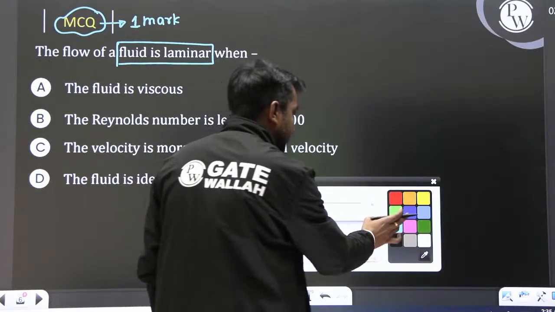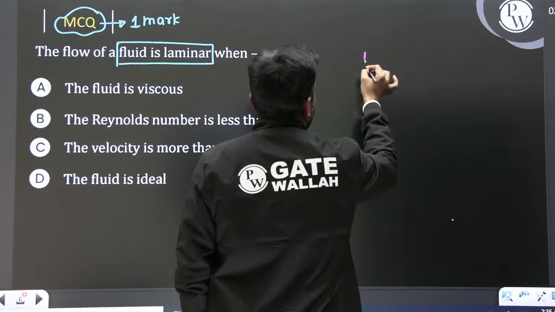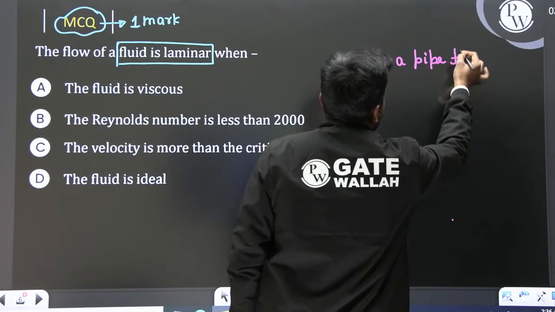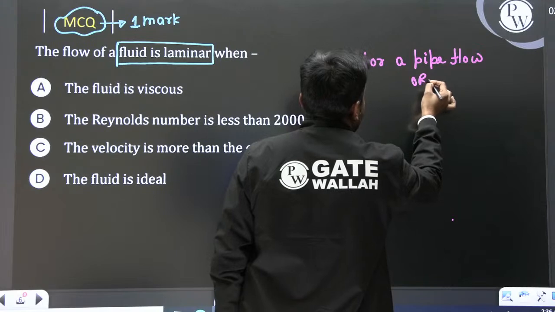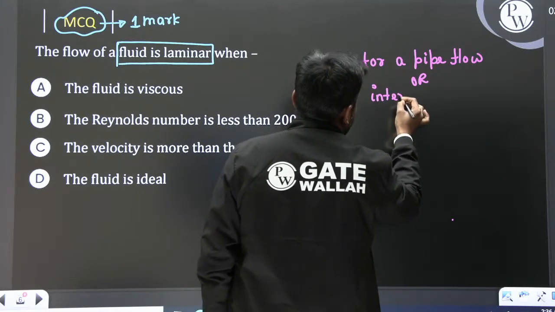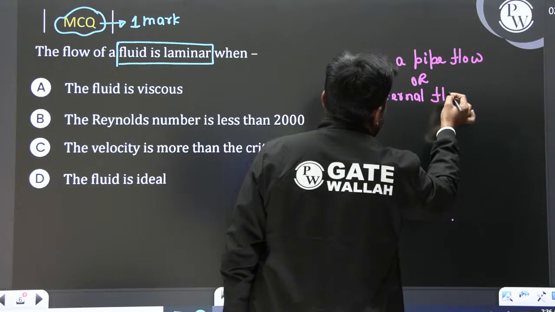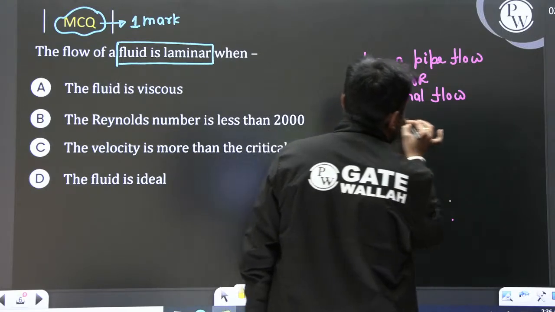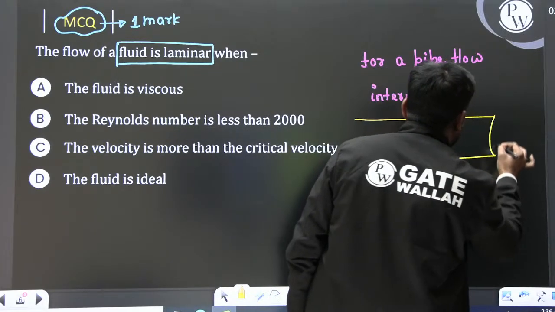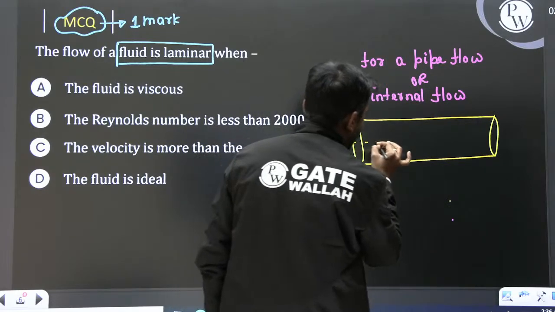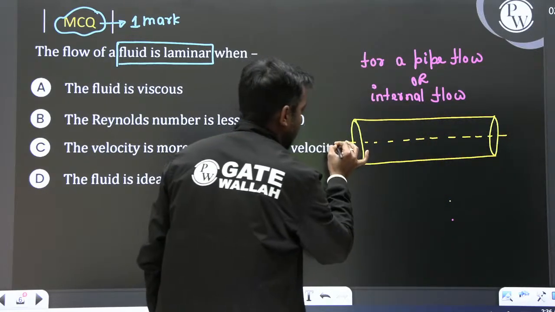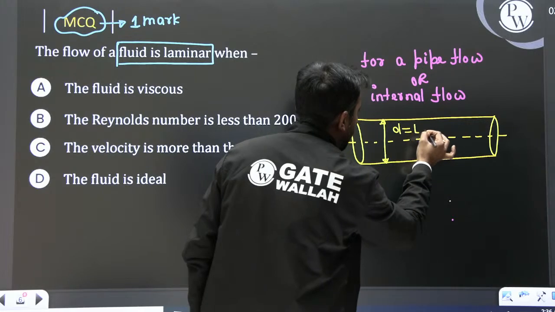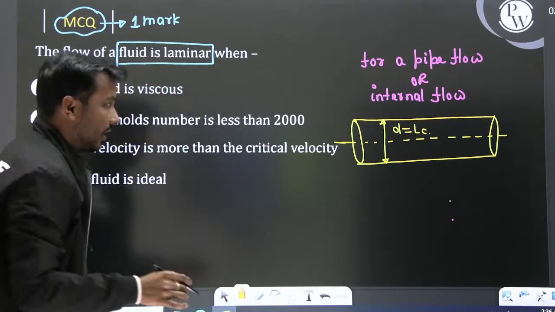We all know that for a pipe flow, or you can say internal flow, we know the range of the Reynolds number for laminar as well as turbulent flow. This is a pipe, the diameter is small d, and the diameter is also called the characteristic dimension in pipe flow.